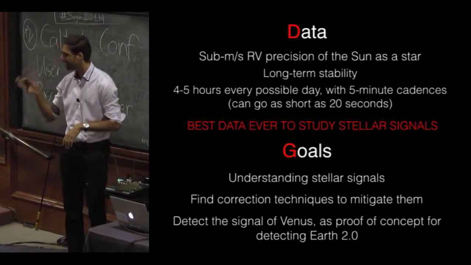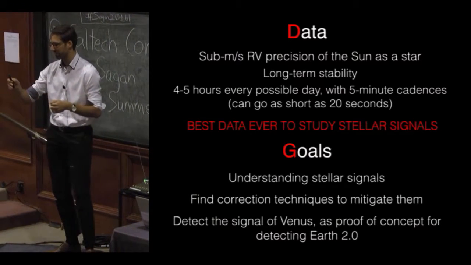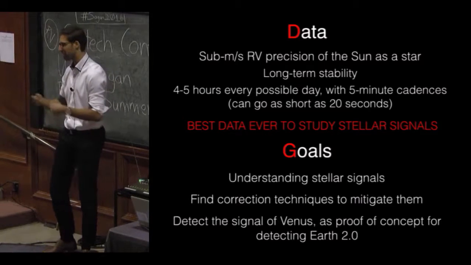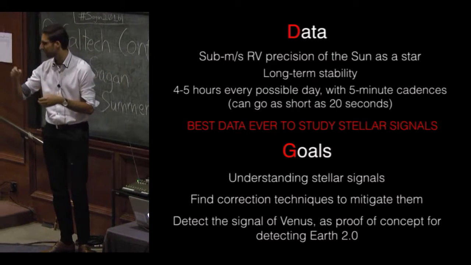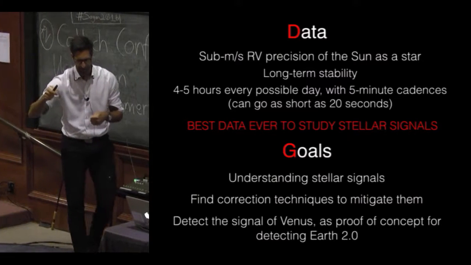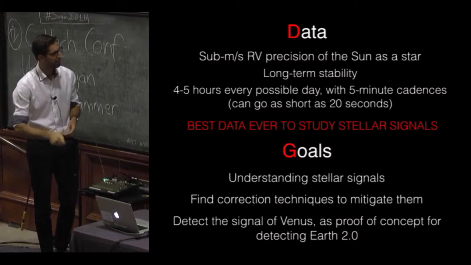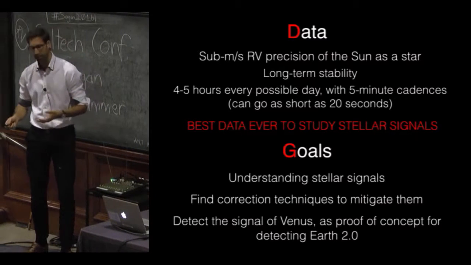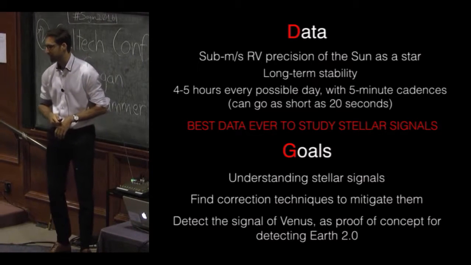So we don't have the very high resolution like you would like, Deborah, like 300, 400. This is HARPS, so this is 115,000. But we have the high signal to noise. So we can perhaps go in a regime where we have these 3 different PCA components. And then the goals, of course, understanding stellar signals and finding correction techniques to mitigate them.